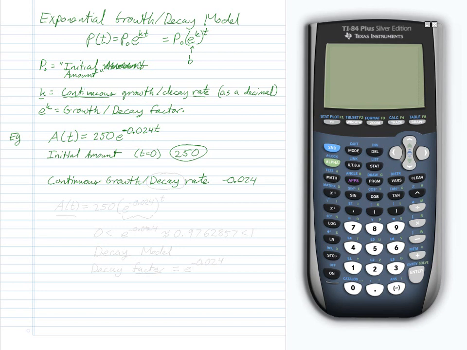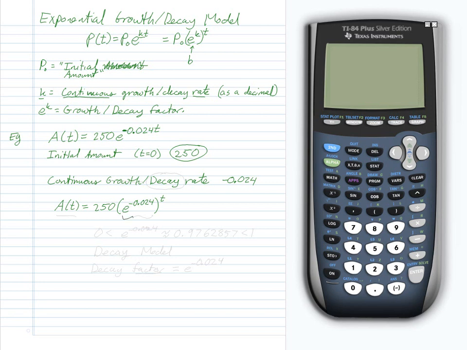We could rewrite this function, A of t, as 250 times e to the negative 0.024, to the t. And in this form, it would be a little bit easier for us to interpret whether or not this function represented a growth model or a decay model.